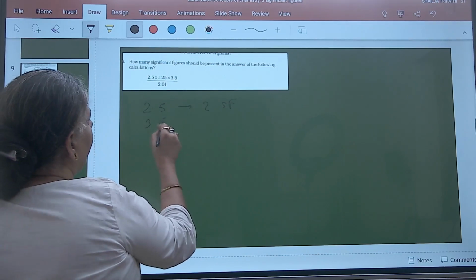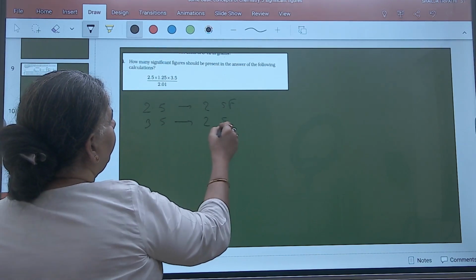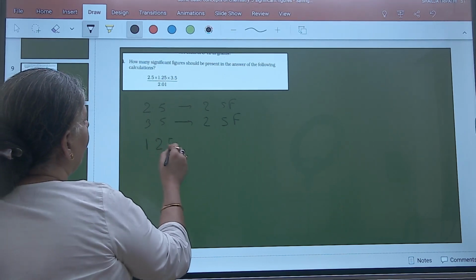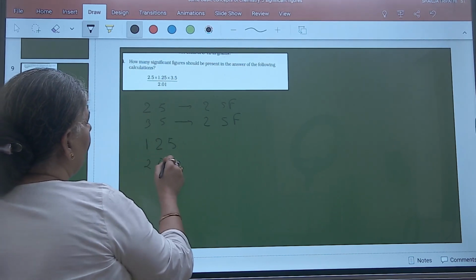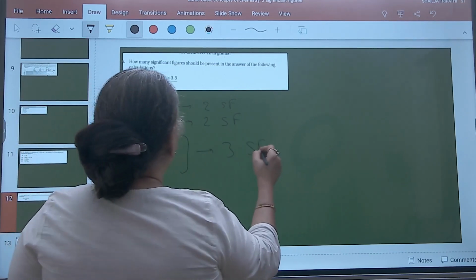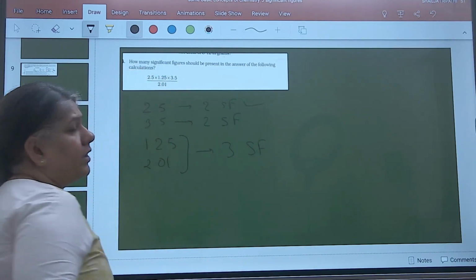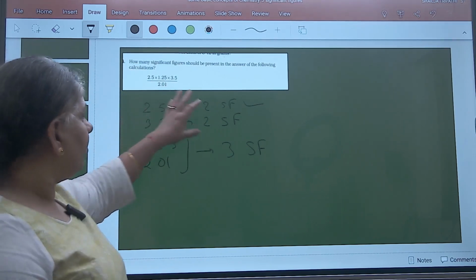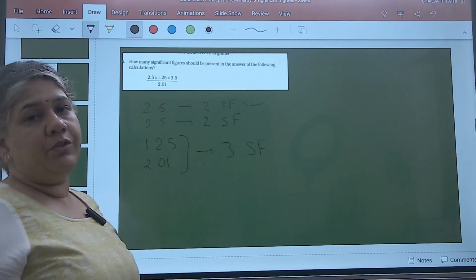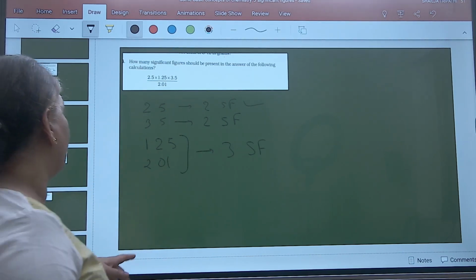Again, 3.5 also has two significant figures, and the rest, that is 1.25 and 2.01, have three significant figures. So the answer should have two significant figures. So the least number of significant figures in the question will decide the number of significant figures in the answer.